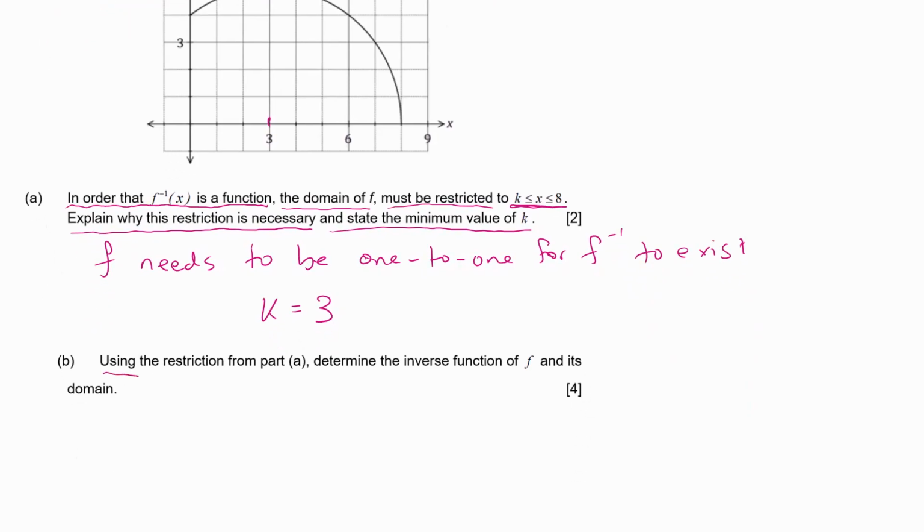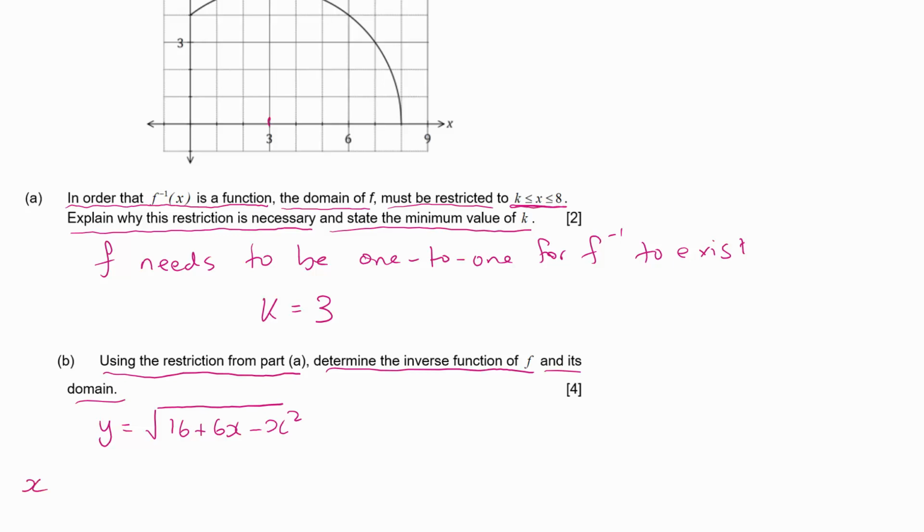Now, using the restriction from part A, determine the inverse function of f and its domain. So, from above, we have that y is equal to the square root of 16 plus 6x minus x squared.